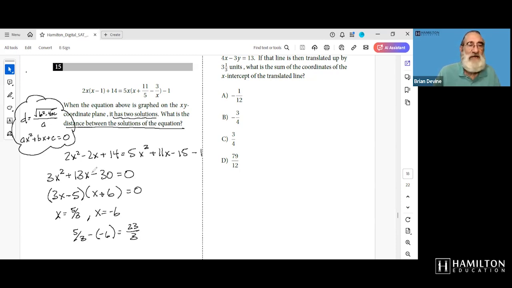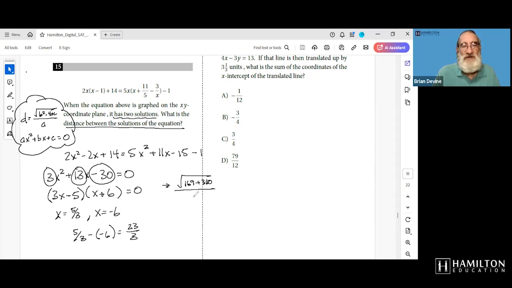Well, we've got it in ax squared plus bx plus c form. And so I could have just looked at the square root of 13 squared, 169, minus 4ac, so it'd be plus 4 times 3 times 30, so plus 3c.